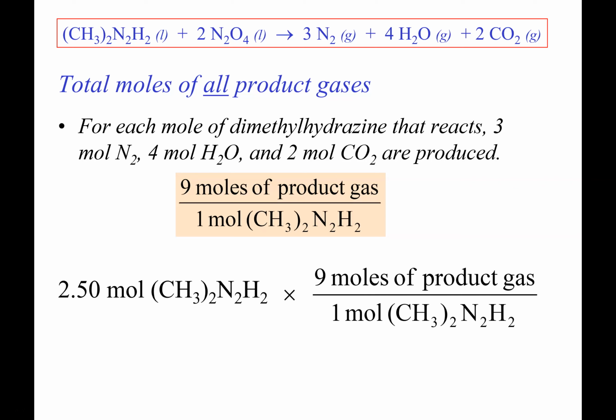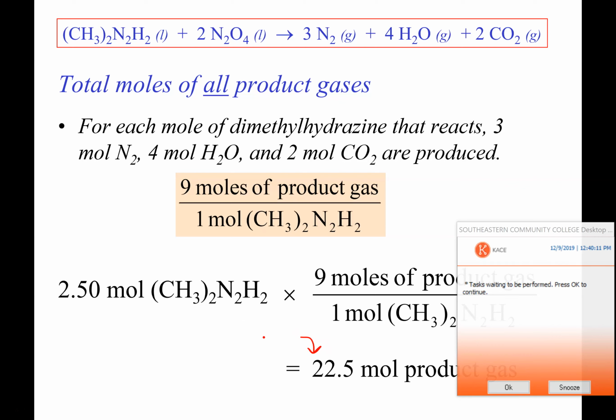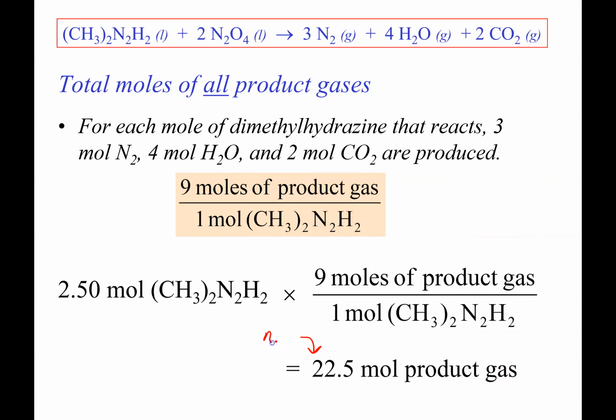No uncertainty brought by the 9 and the 1, so I'm allowed 3 sig figs. So you're looking at a total, so that's my NT. This guy right here, that's my NT, the total number of moles produced.